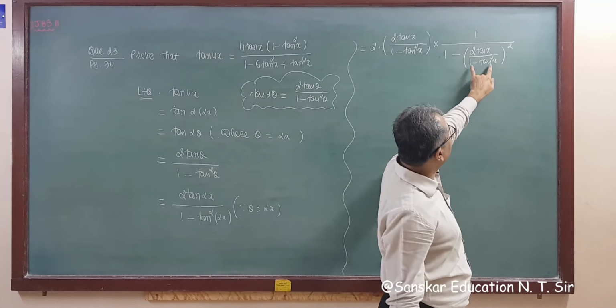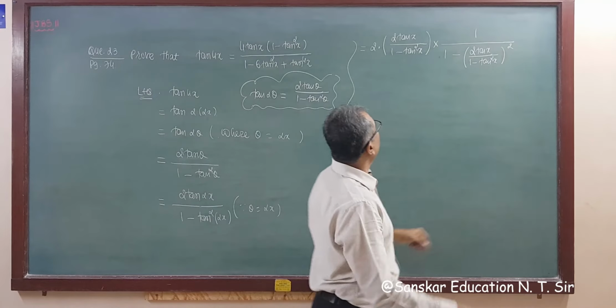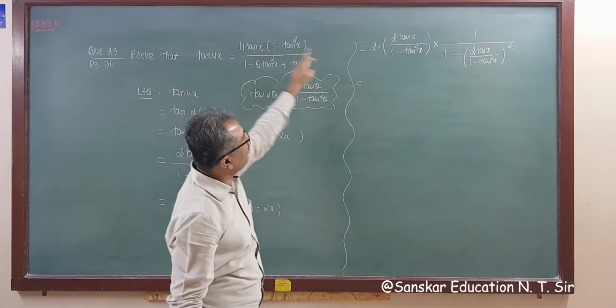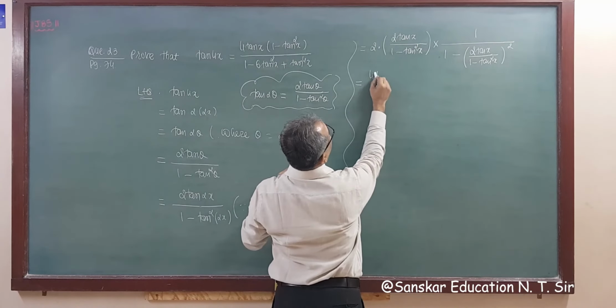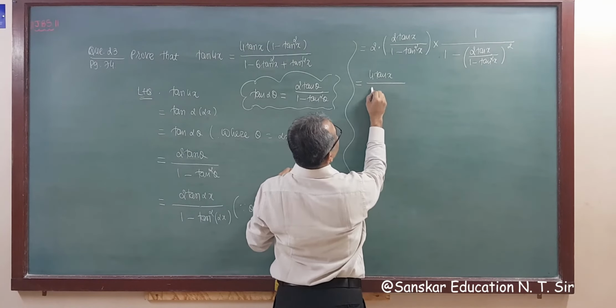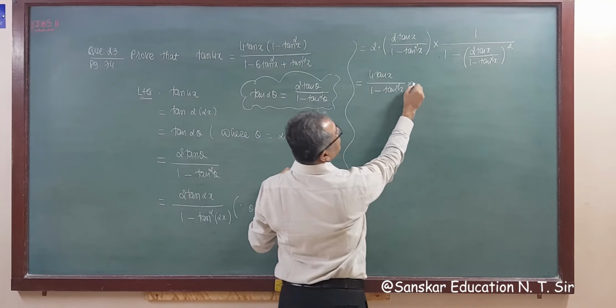So taking LCM, 1 minus tan square x, whole square is the LCM. So this is 2 into 2, that is 4. That is our required 4 tan x. We get 4 tan x, we require this term whole upon 1 minus tan square x as it is.